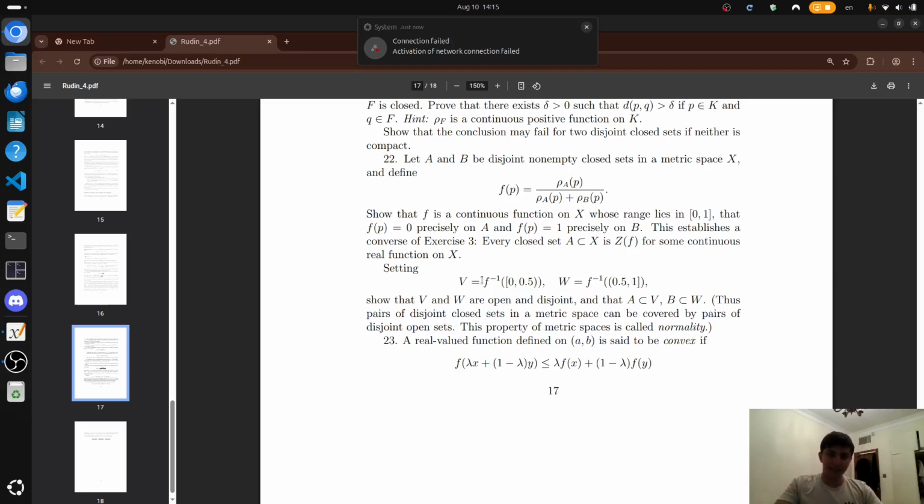And since W is the complement of that, which is closed, it's open. And likewise, you can take the union of W with that 0.5 and take its complement. That means V is also open.